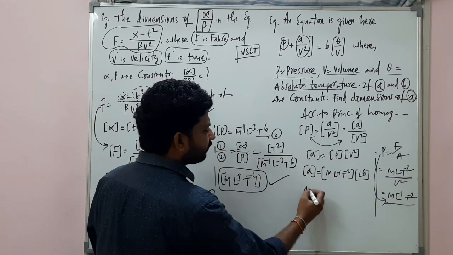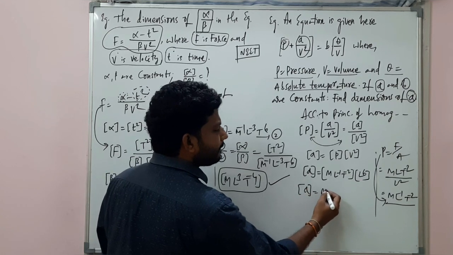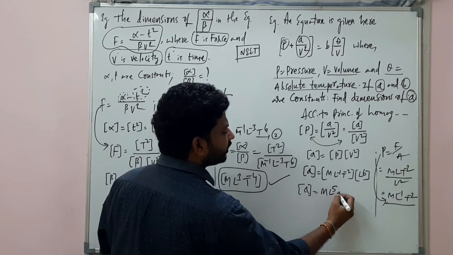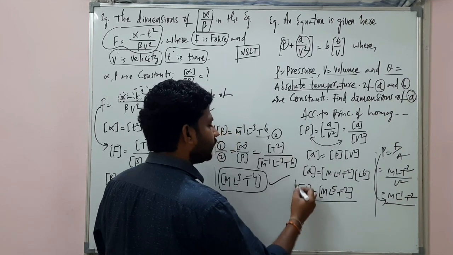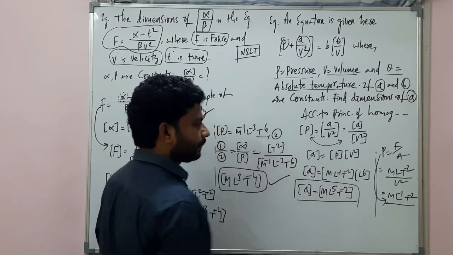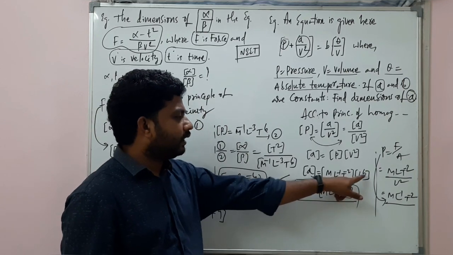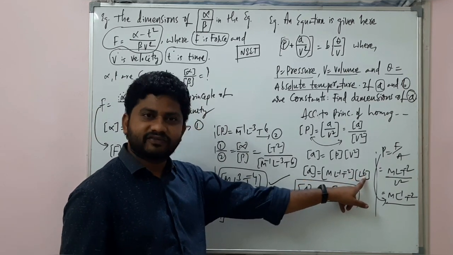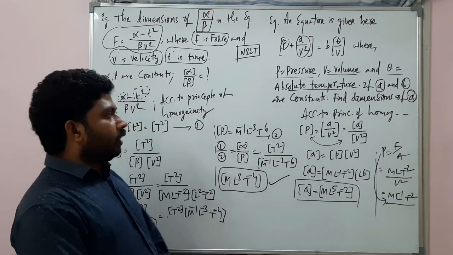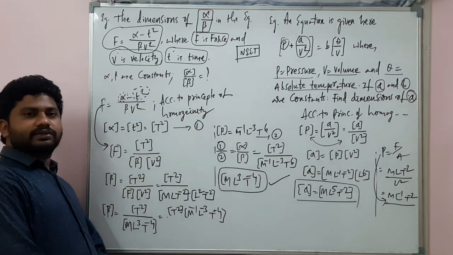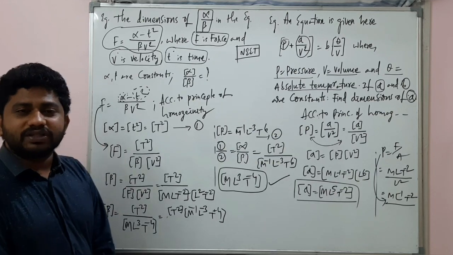So the dimensions of A now is mL5T minus 2. Is it clear, my dear students? Dimensions of A: mL minus 1 plus 6, it's 5, T minus 2. So this is how the questions are asked based on the principle of homogeneity.